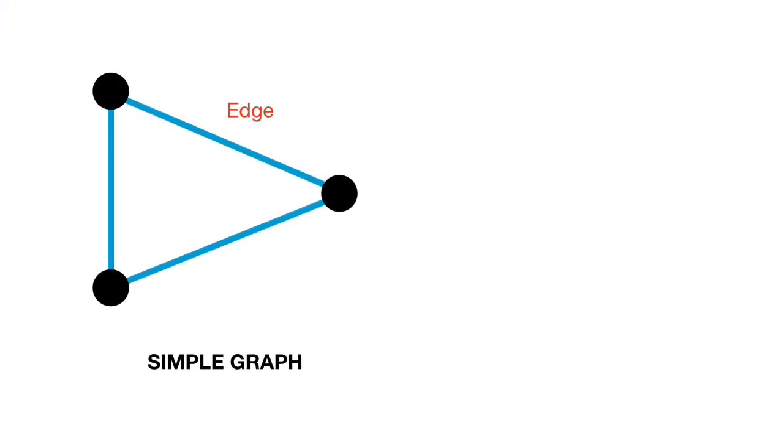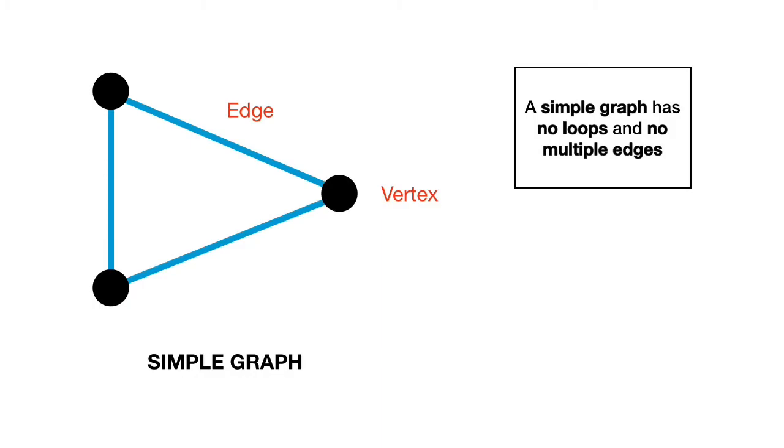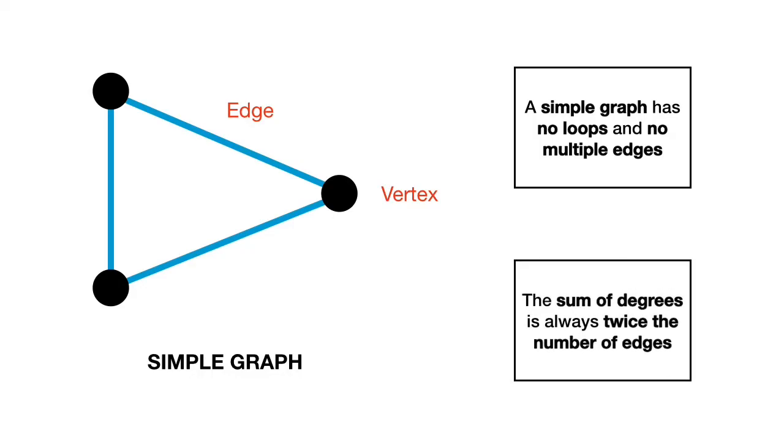The line connecting these two vertices is called an edge. This dot right here is called a vertex. A simple graph has no loops and no multiple edges. The sum of degrees is always twice the number of edges.